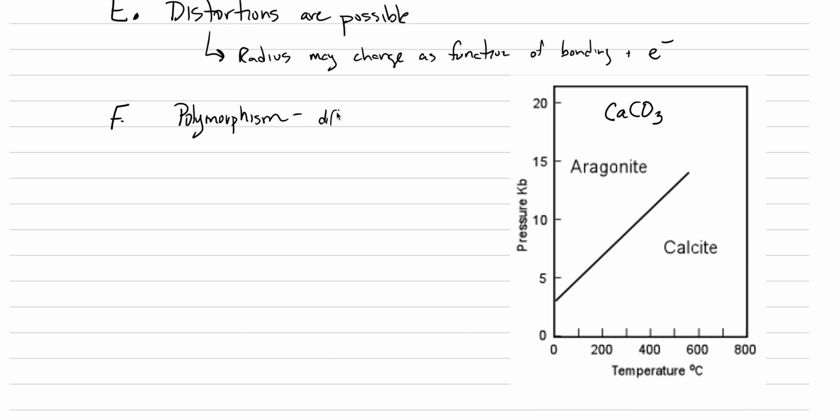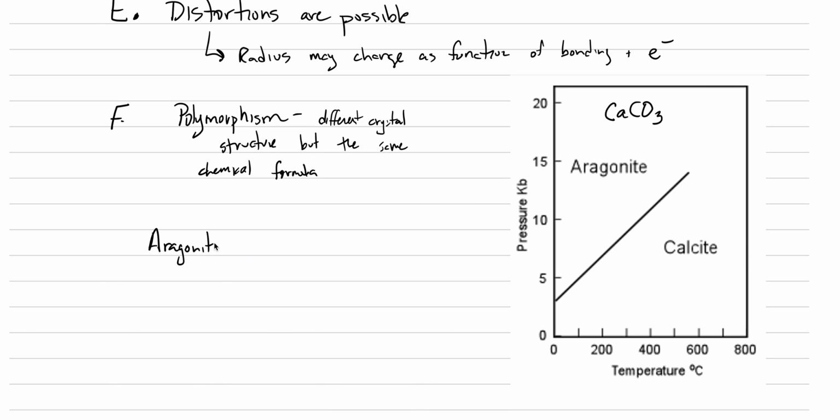They have different crystal structures, but the same chemical formula. And what ends up happening for aragonite and calcite, let's just do this.